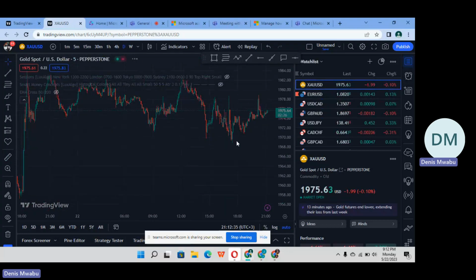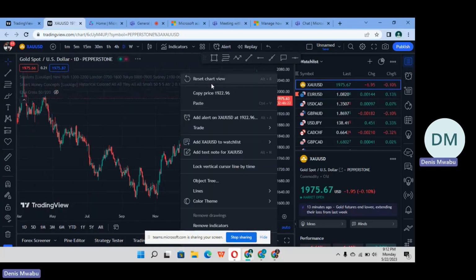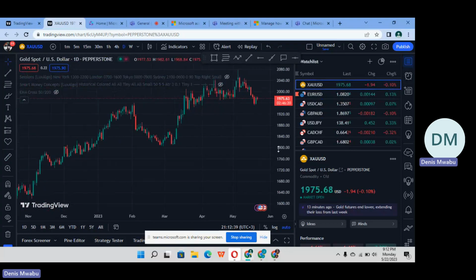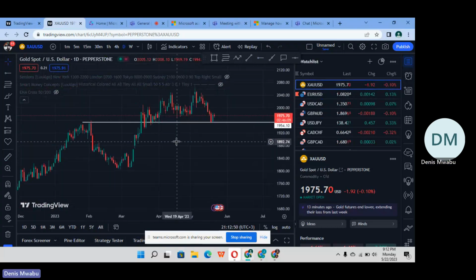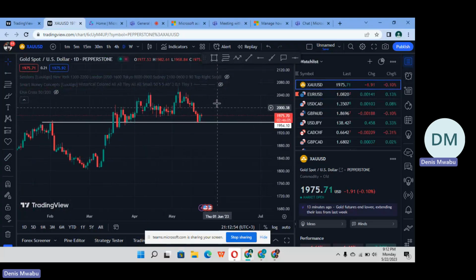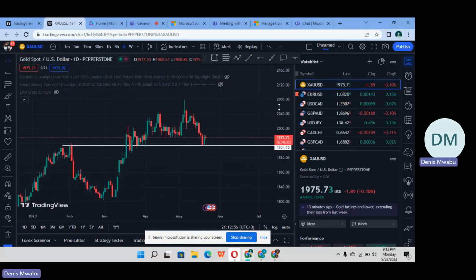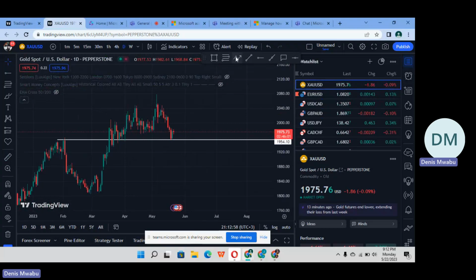So if I go to the daily time frame, I will be able to draw my support and resistance zone. On my daily time frame, this was my resistance zone that was broken and it is being retested here. And if you're using support and resistance, you'll be looking at price moving up.